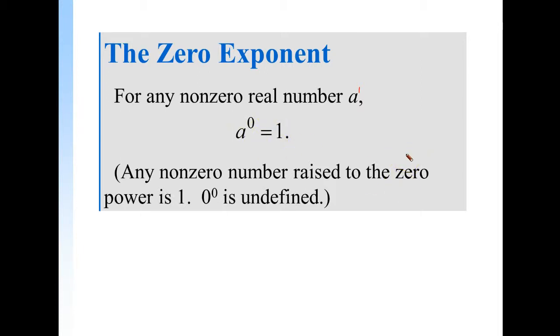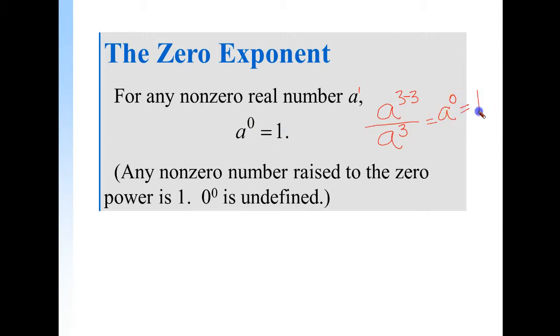And the proof of that, let me show you the proof of that here, because this might be helpful. So if we had a to the 3rd divided by a to the 3rd, the rule is we'd bring that up, subtract 3 there. This would then become a to the 0 power. We're just subtracting that and we're getting 0. But notice what we had here originally. We had a to the 3rd divided by a to the 3rd. What is anything divided by itself equal to?